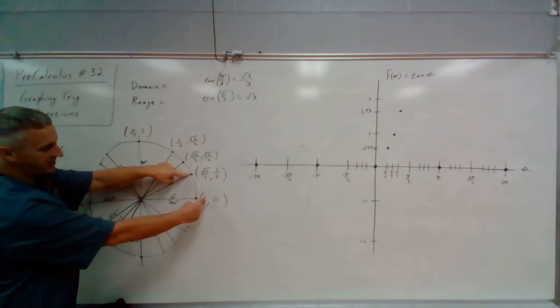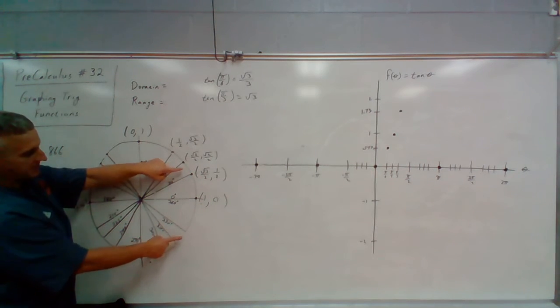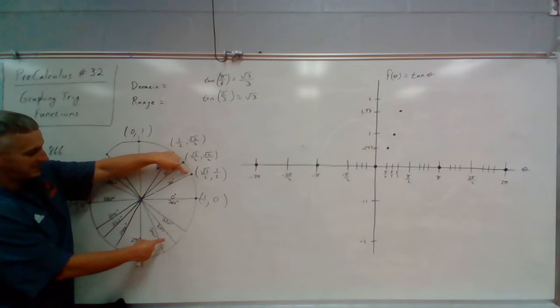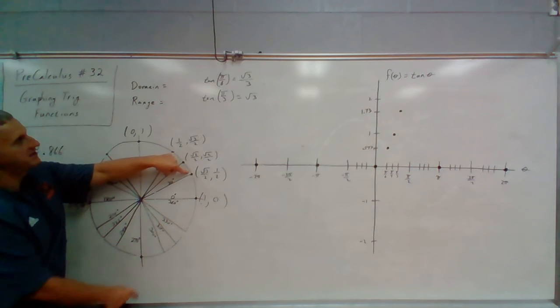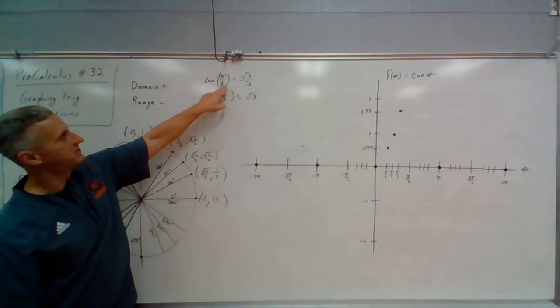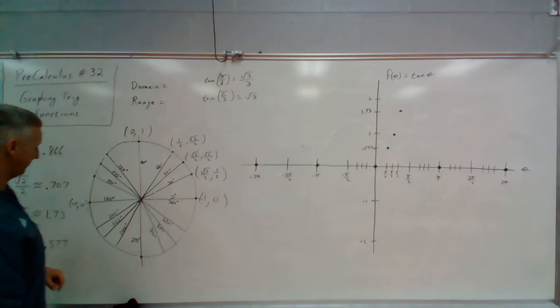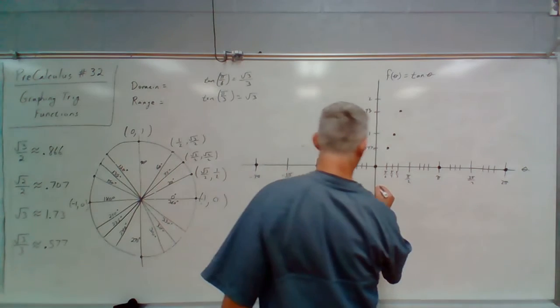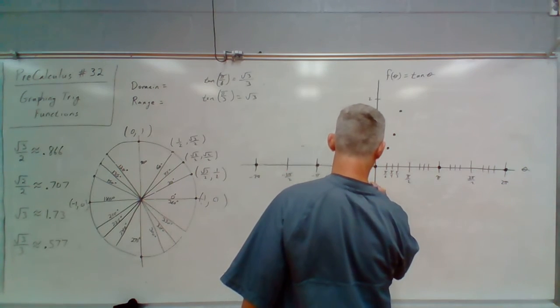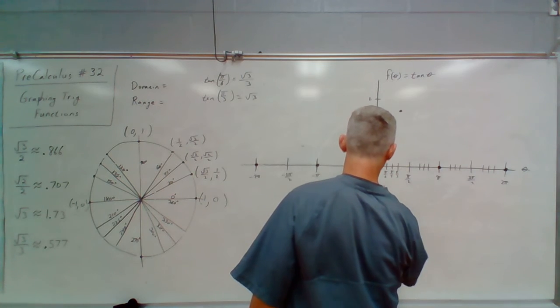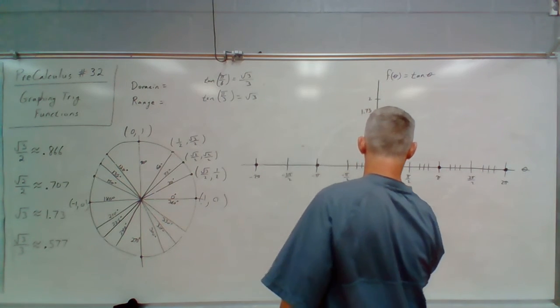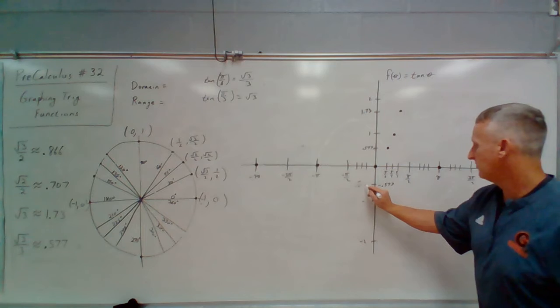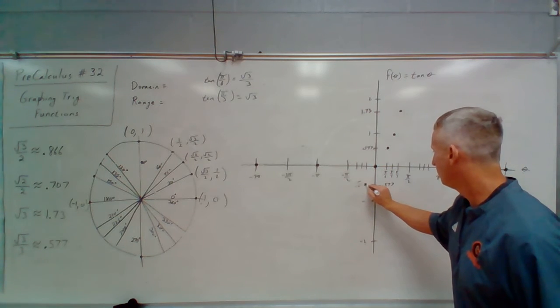So when I do y over x, I'll get a negative answer. But it'll be the same as the tangent of 30, except it's negative. The tangent of 30 degrees was square root of 3 over 3, which is 0.577, except it's negative. Put that over here. So that point will go there.